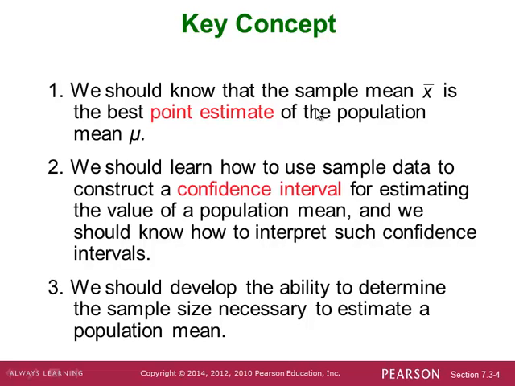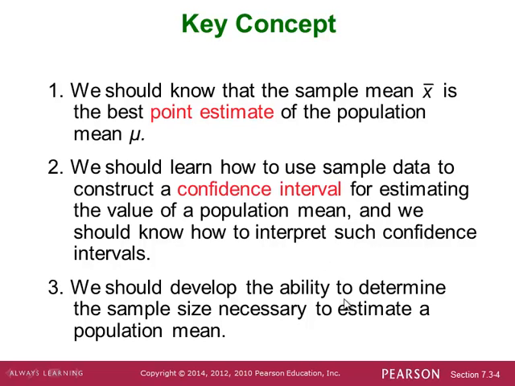All right, some key ideas here. We should know that the sample mean x bar is the best point estimate of the population mean mu, because of the fact that x bar is an unbiased estimator of mu. Number two, we should learn how to use sample data to construct a confidence interval, just like we saw for the proportion.